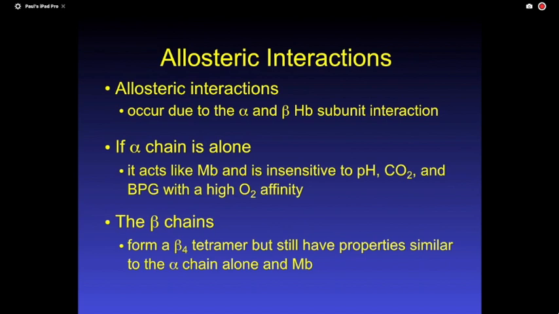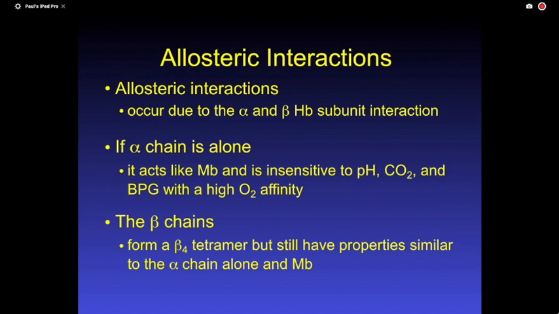If we isolate alpha subunits alone and put them in a test tube, the alpha subunits will float around as individual proteins, look and behave just like myoglobin. Okay? We can take a collection of just beta subunits, put them in a test tube, they will form a tetramer. So 4 of them get together. But they also behave just like myoglobin.